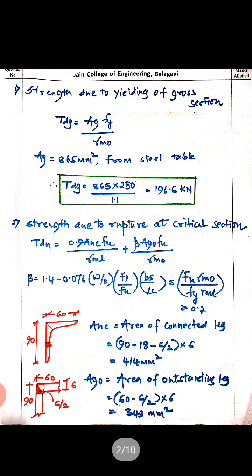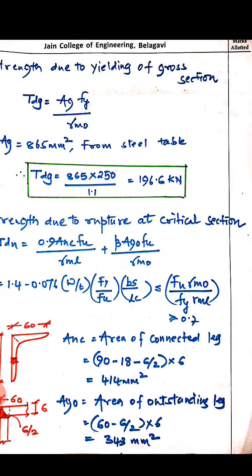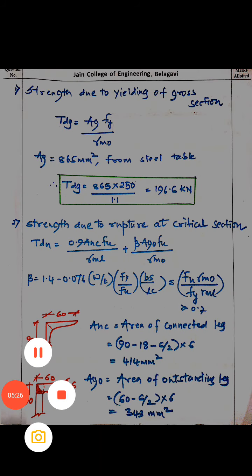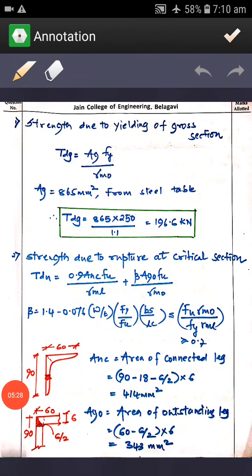Now we'll calculate one by one. ANC is the area of the connected leg. Since the 90 mm leg is connected, we have to consider the net area.